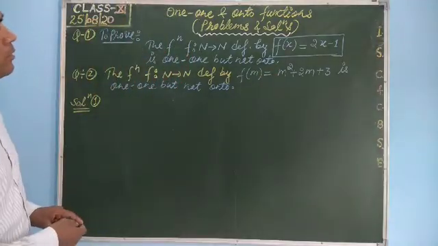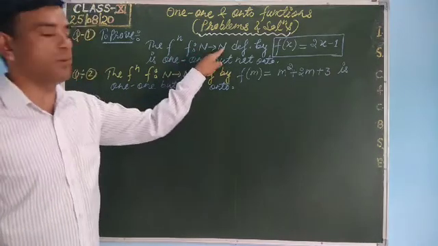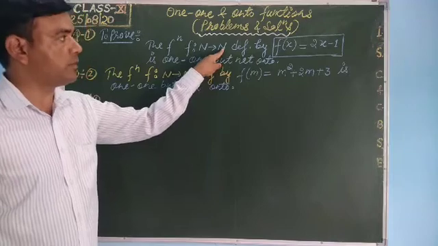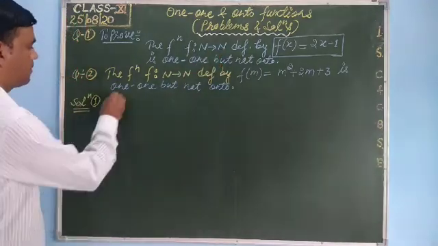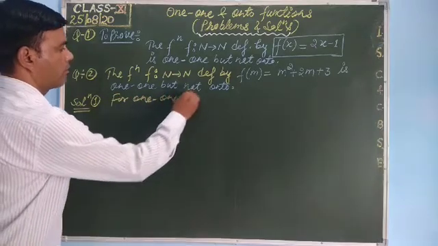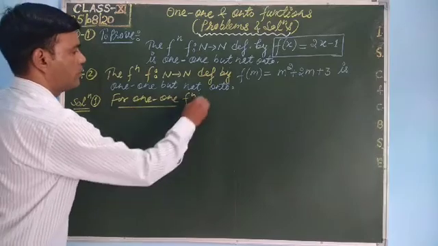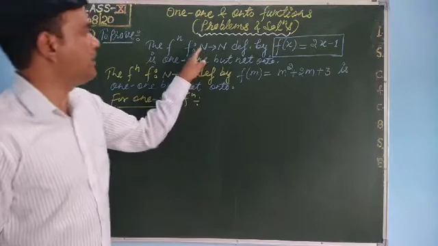So first what we will do, students, since here domain is set of natural numbers and codomain of the function is also set of natural numbers. So for one-one function, we always take two elements of domain.